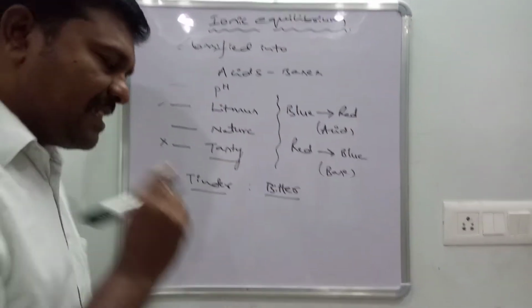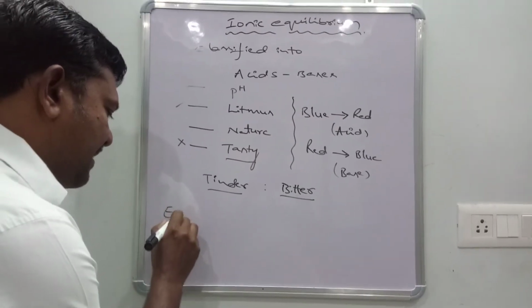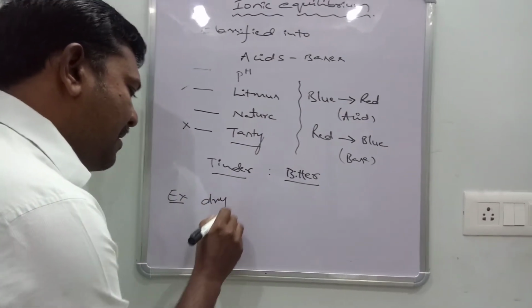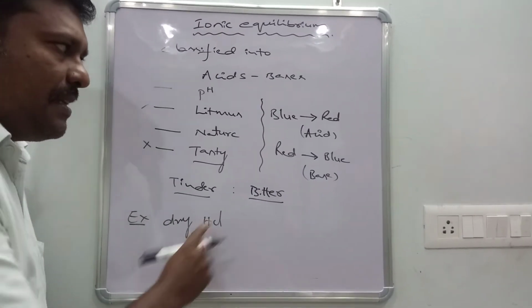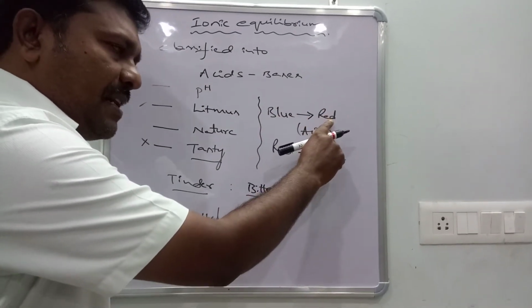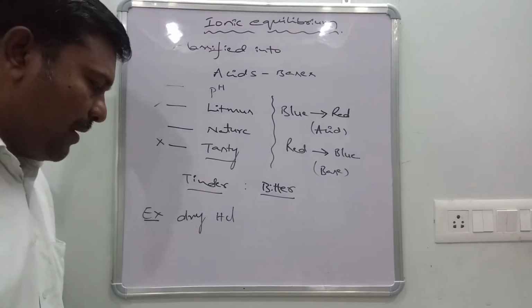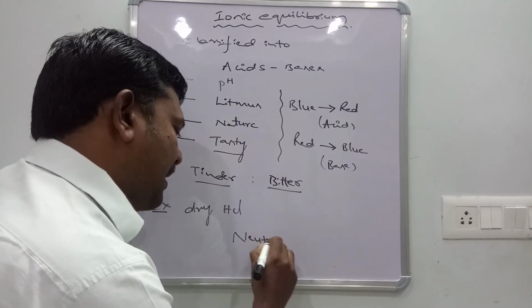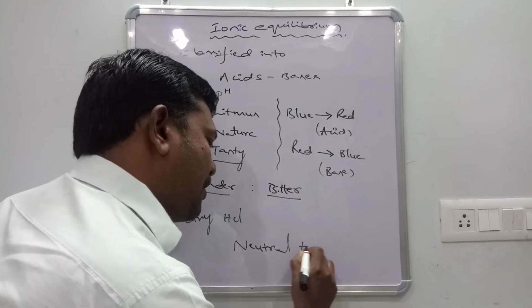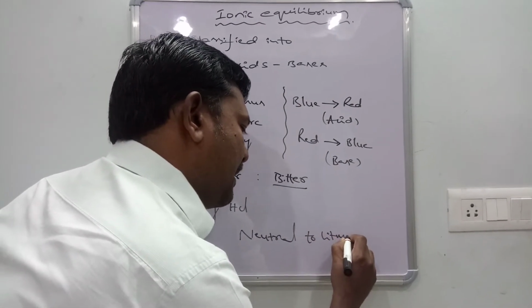But for example, dry HCl is an acid, so it should convert blue litmus paper into red, but it is neutral to the litmus test. Dry HCl is neutral to the litmus test.